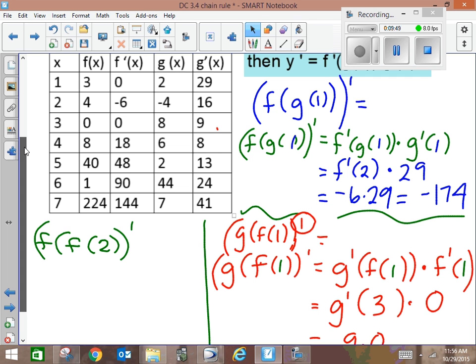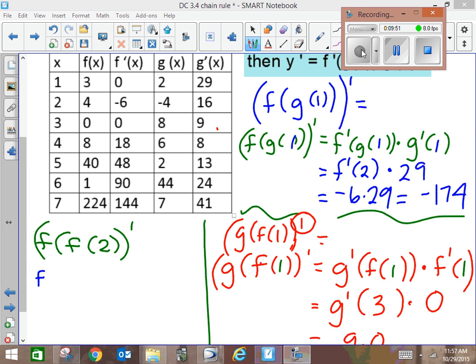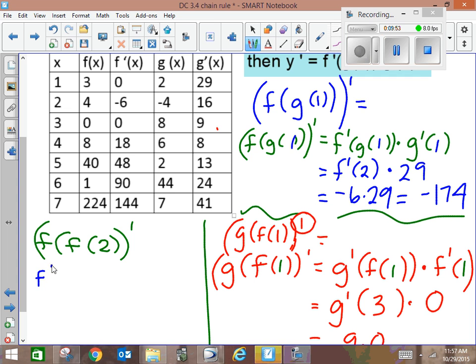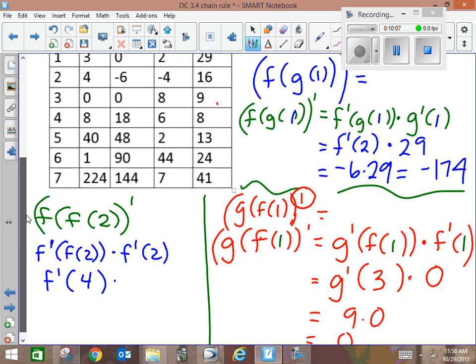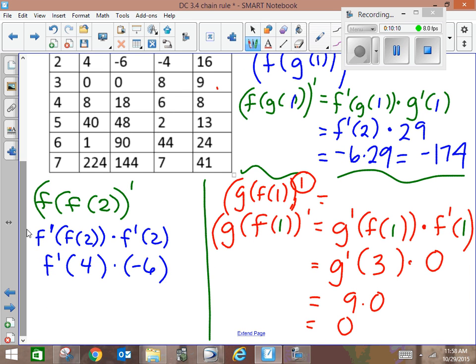I'm going to start this way, y'all work. f prime at f of 2 times f prime of 2, right? f of 2 was what? 4, times f prime of 2, which was -6. f prime of 4 was 18. 18 times -6 is -108. Okay? So we're good with the chain rule.